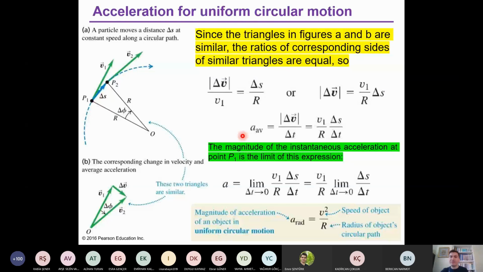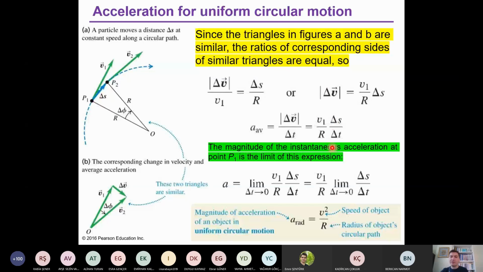Average acceleration is given by delta V over delta T, right? So instead of delta V, just take this one, which we have calculated here, put it there. Here we have V1 over R, delta S over delta T.